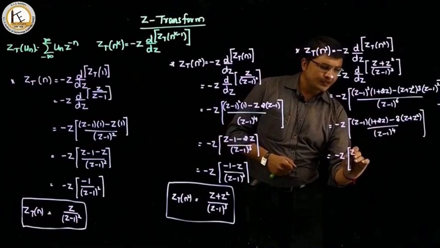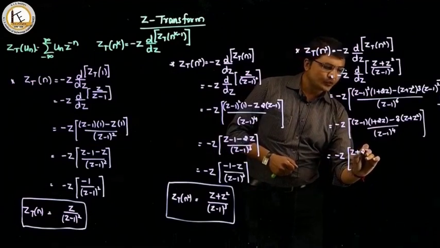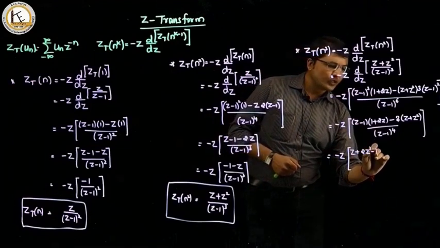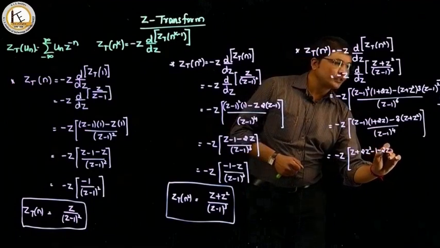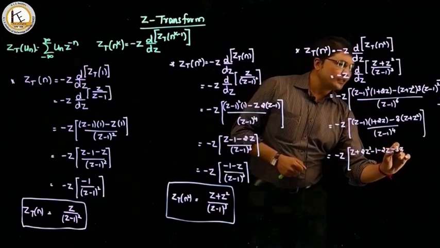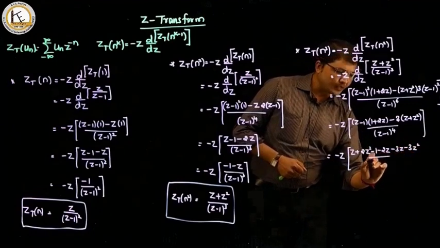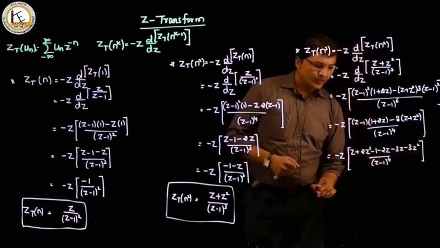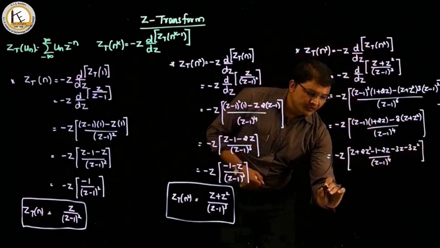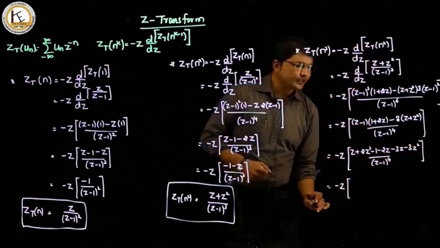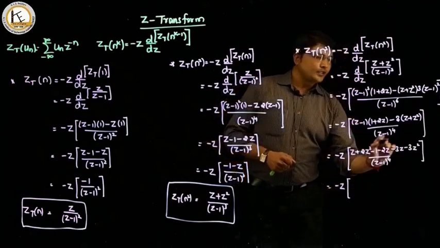Simplifying further, we have minus Z into bracket. Now simplifying further, Z into 1 is Z plus 2Z square minus 1 minus 2Z minus 3Z minus 3Z square, whole divided by Z minus 1 the whole raised to 4.